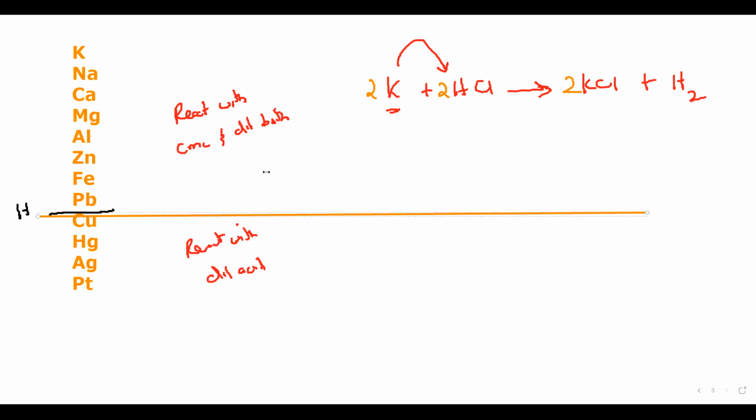So metal plus acid, this part we already discussed in the acid topic. Metal plus acid, what will it give? It will give salt plus hydrogen. That will be the product.